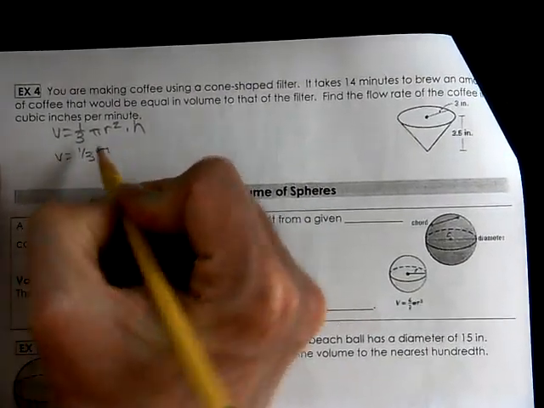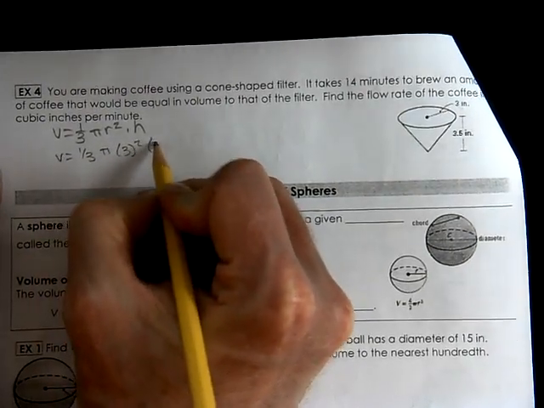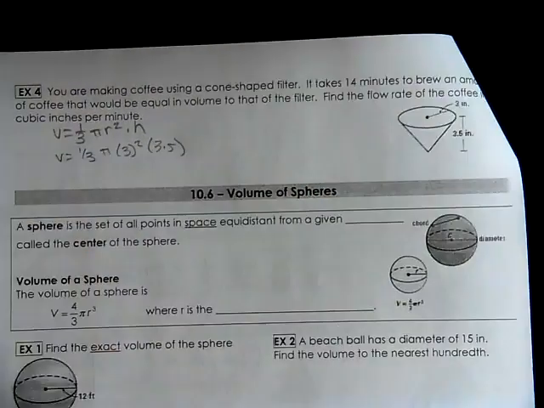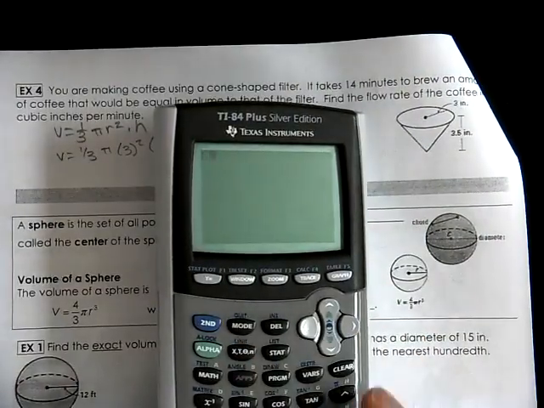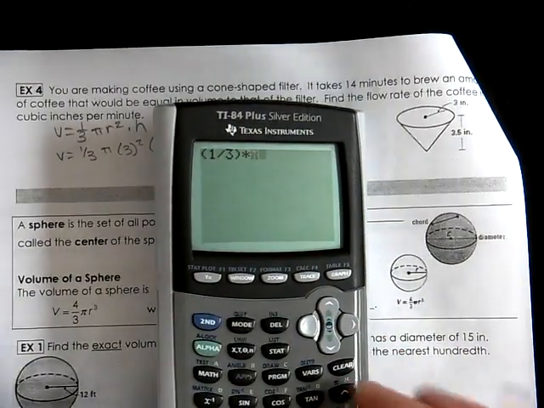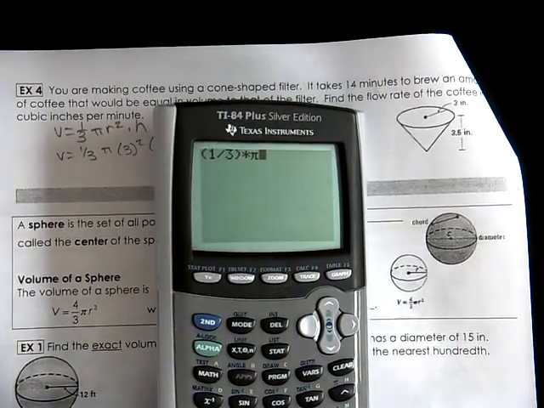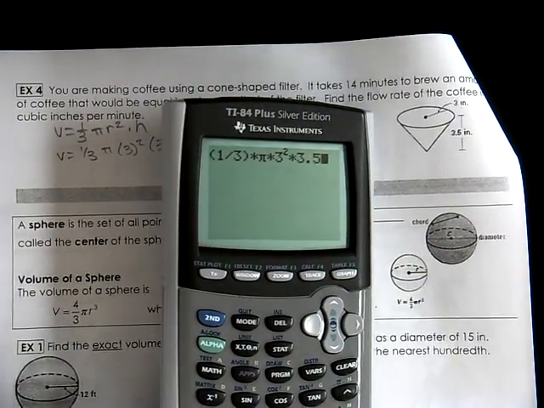So 1/3, the radius is 3, and the height is 3.5. One-third times pi times 3 squared times 3.5.